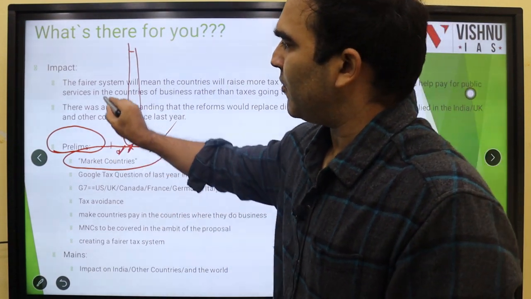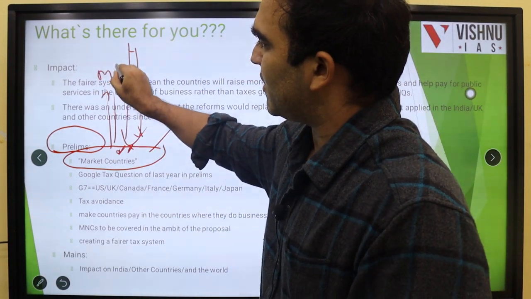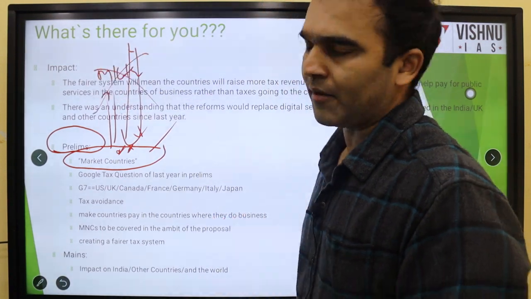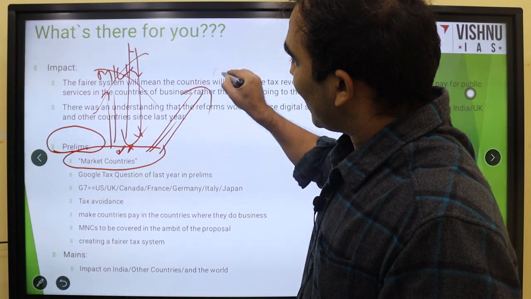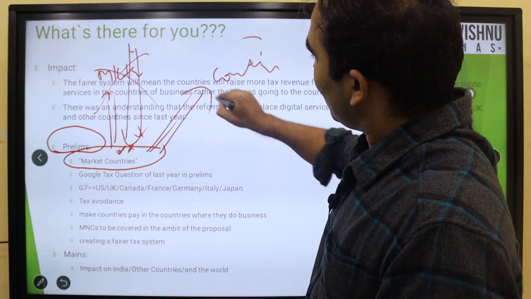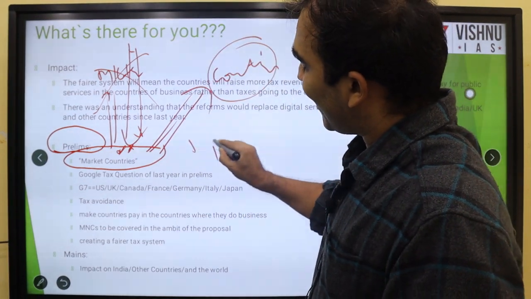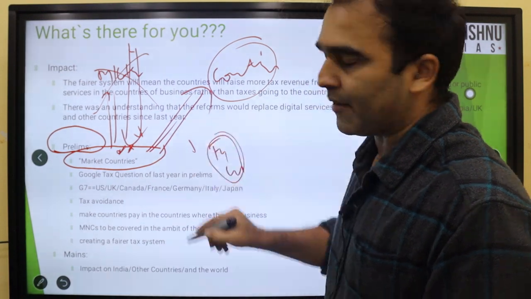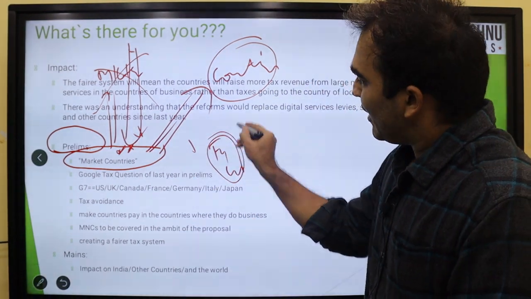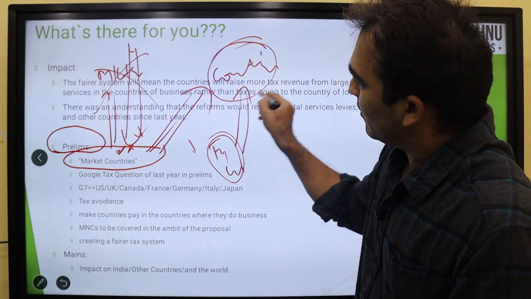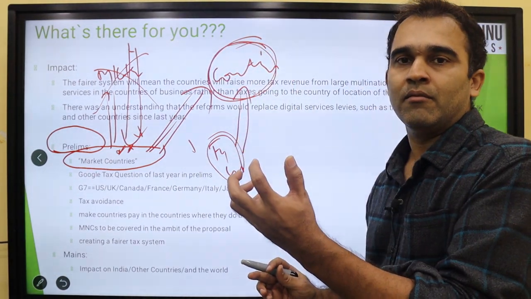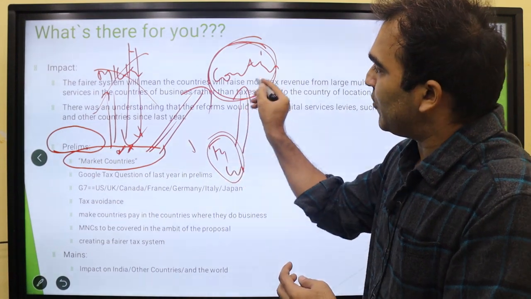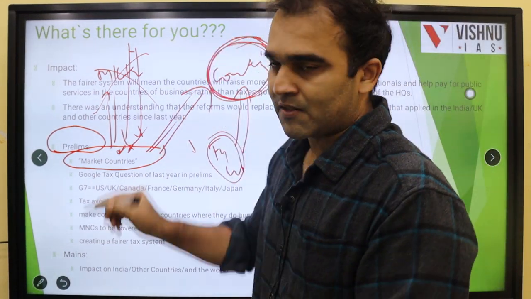Market countries, as the name says, is not about market economy. That's a different concept. Market countries are those countries where digital new age companies like Facebook and Google are operating, where they have a market and where they derive a considerable amount of profits from the markets of these countries.